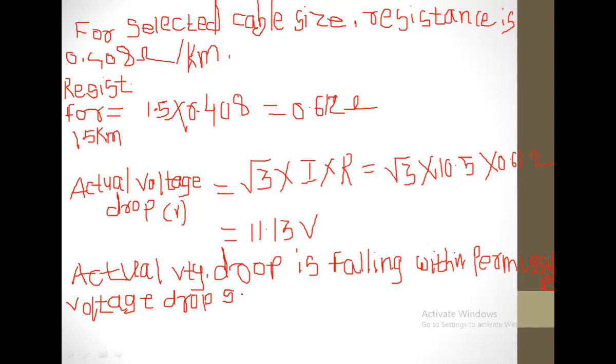So we can select 70 mm square 3-core aluminum conductor.